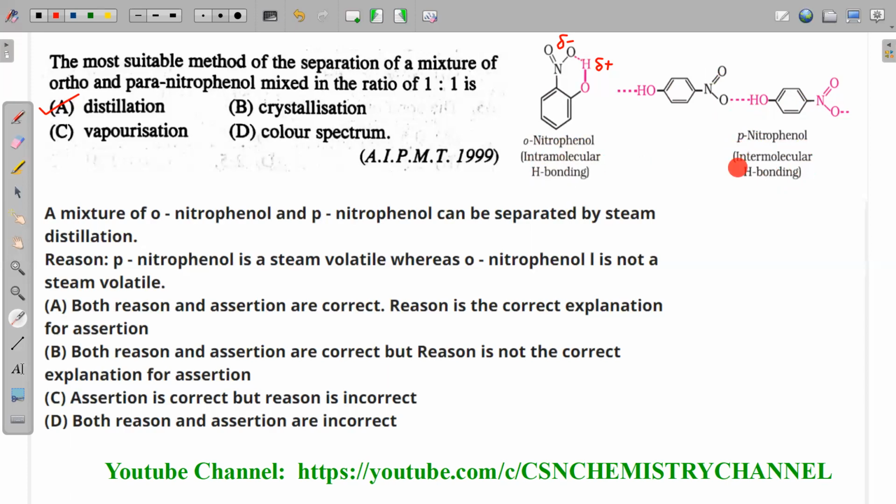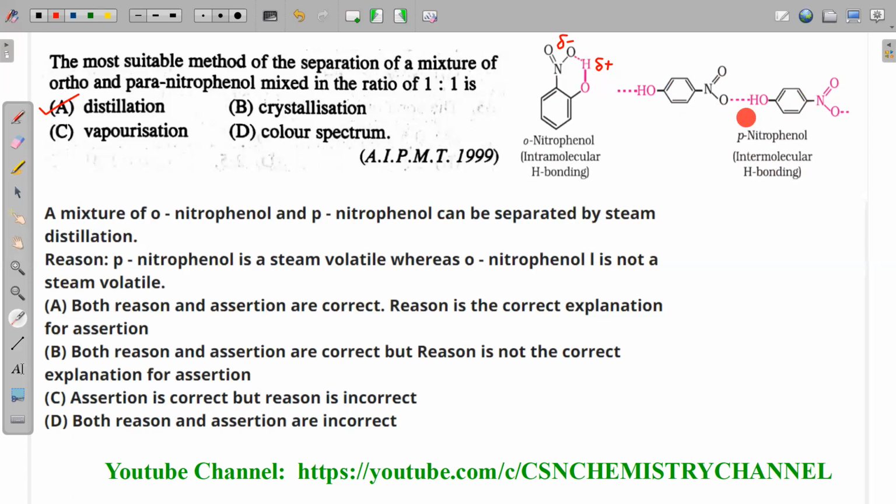Because of the intermolecular hydrogen bonding, association of molecules takes place. One molecule is closely associated with another molecule. The molecular formula of the compound increases because of the dimerization. Two molecules are getting associated with each other. So because of the intermolecular hydrogen bonding, the molar mass of para-nitrophenol is abnormally increased than the expected value.